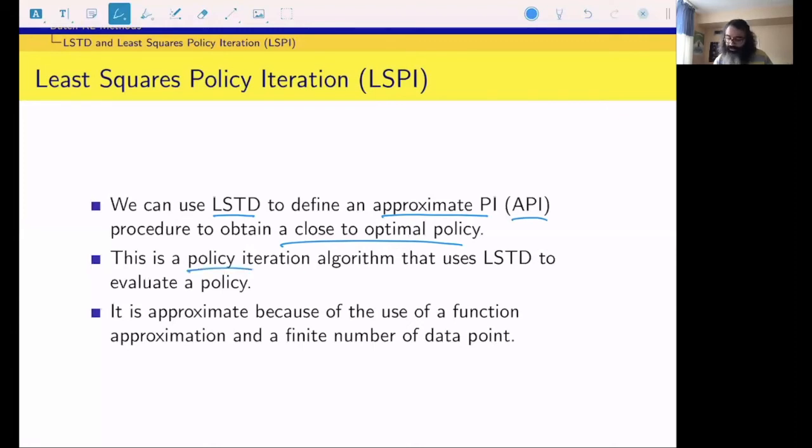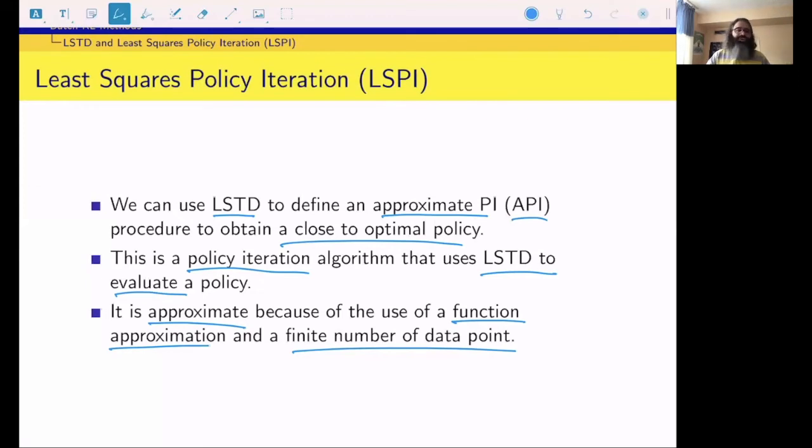This is essentially the policy iteration algorithm that uses LSTD to evaluate a policy, and it is approximate because of the use of function approximation and a finite number of data points. For policy iteration, we had the result that it converges to the optimal policy in a finite number of iterations. We had two results on that, one better than the other.